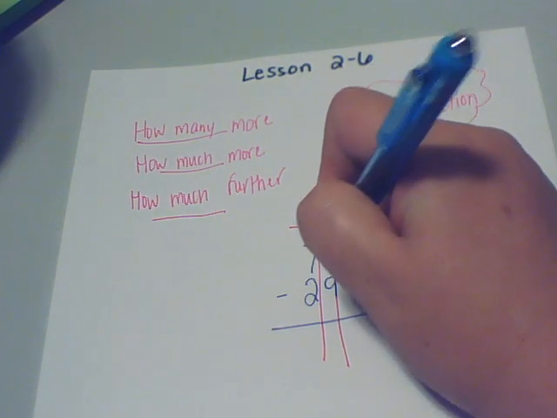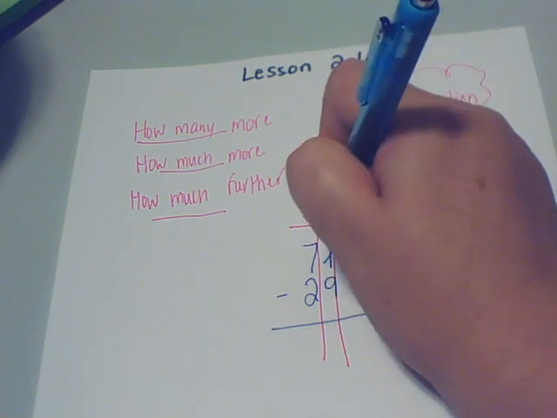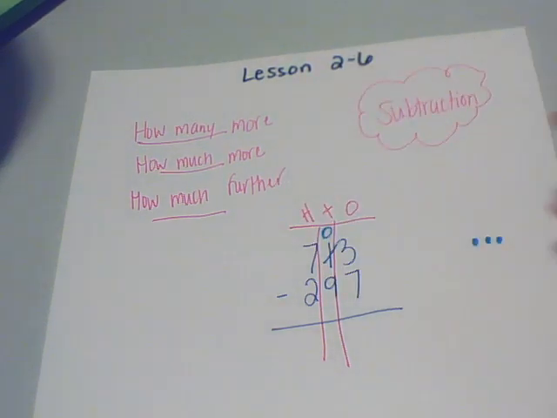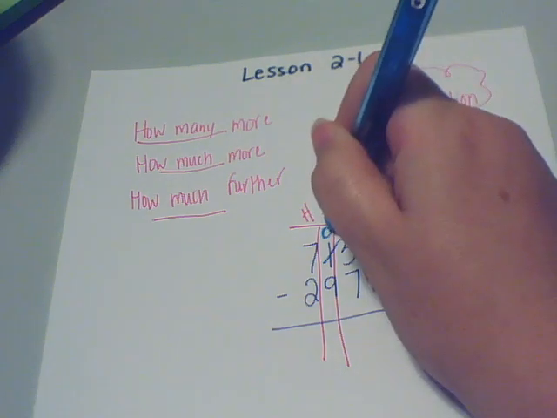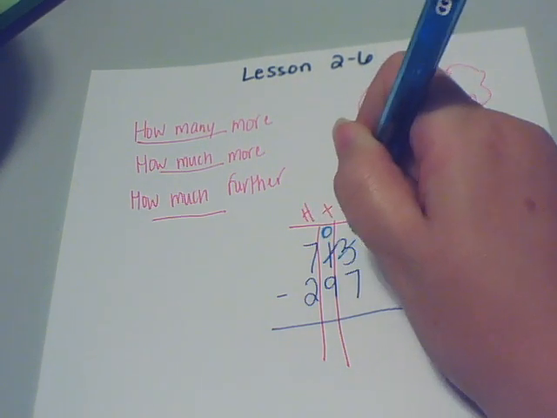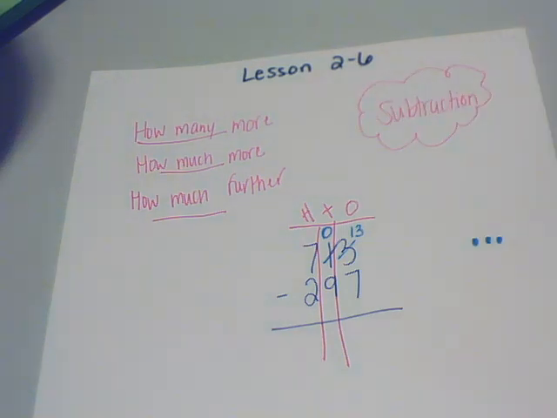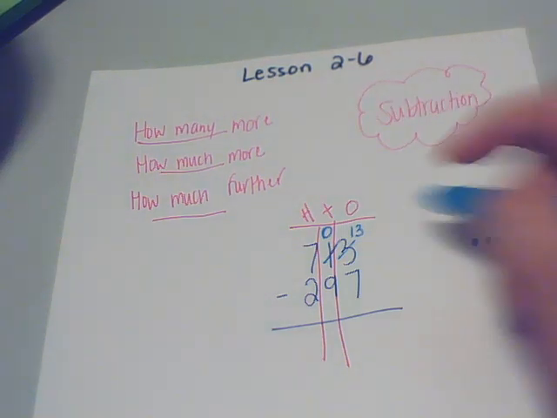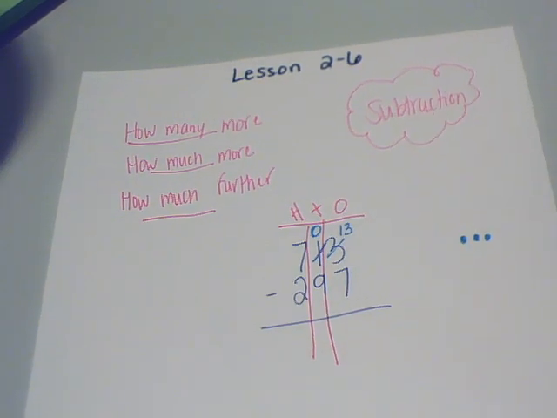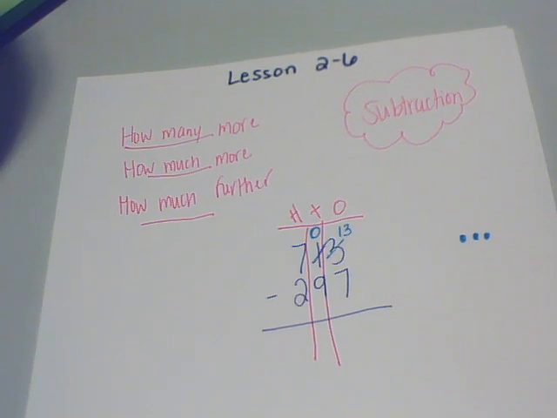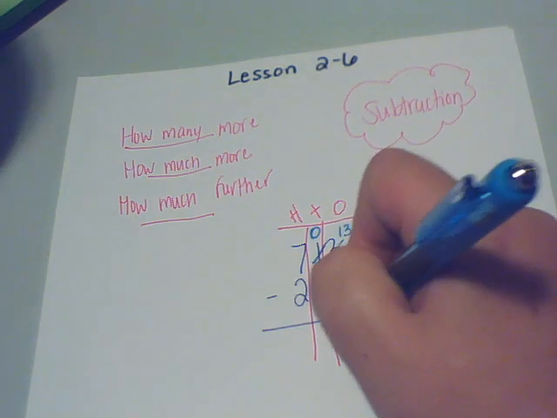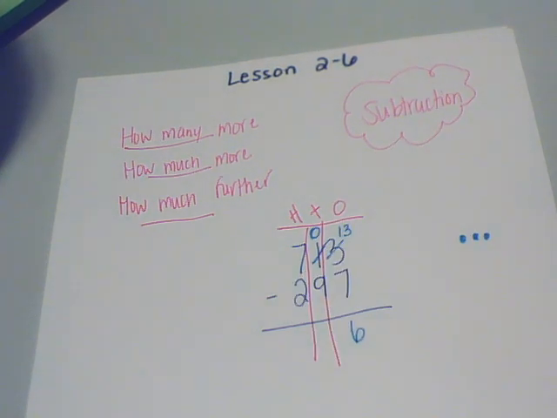I took a 10, so that 10 is now a 0. I'm going to bring that 10 over here, and now I have 13. So now I can do 13 minus 7, because 13 is a bigger number. And I know that I'm going to get 6.